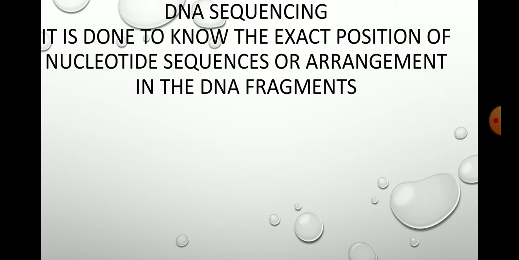Before proceeding, I would like to draw attention that if the DNA of the given organism is lengthy, then we will cut it with the help of restriction enzyme and take the short fragment of the DNA which we require. And if we want to know the sequencing of the DNA, or the occurrence of nucleotide sequence in the DNA, we generally apply two methods.